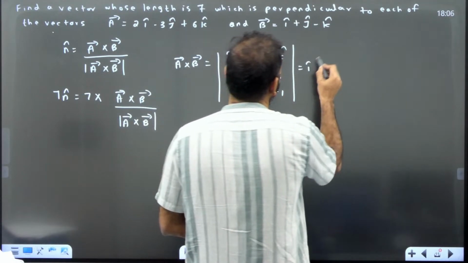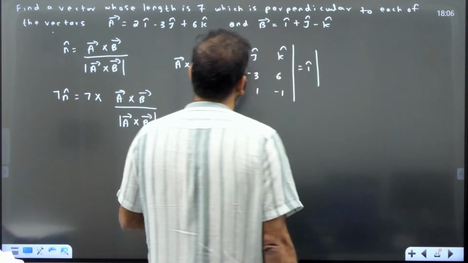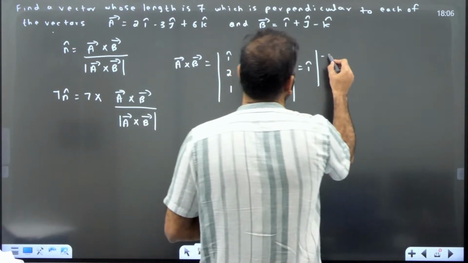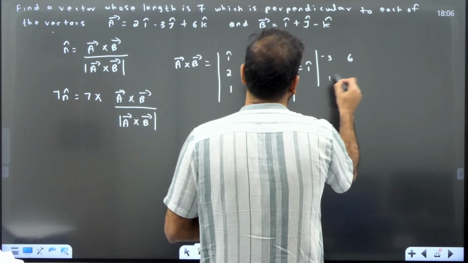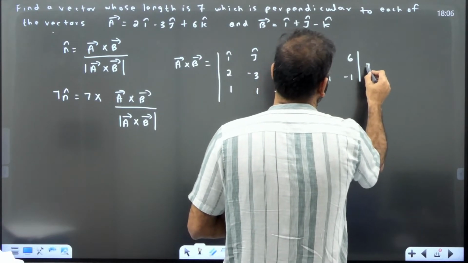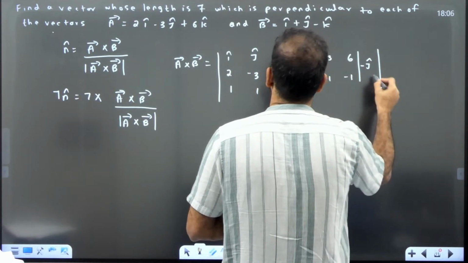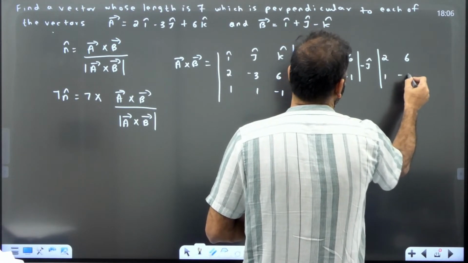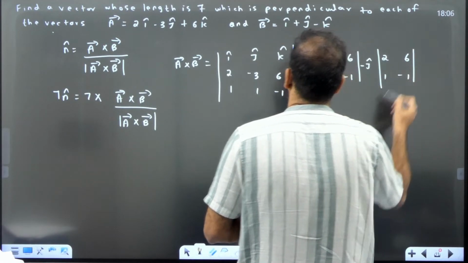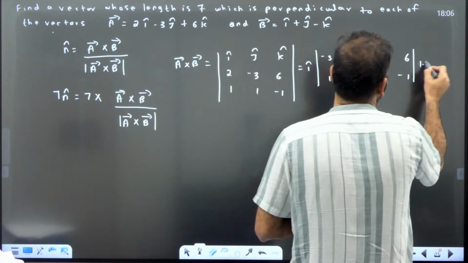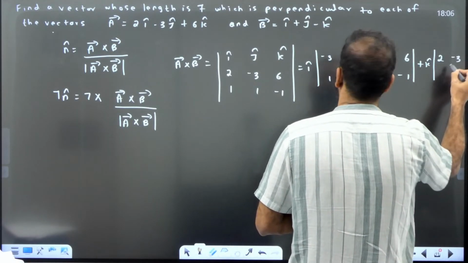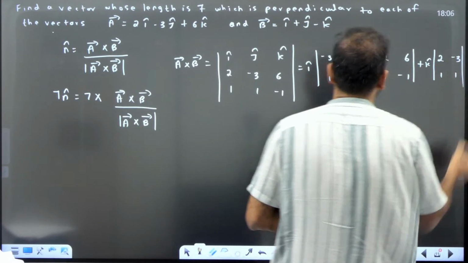That is equal to i cap into, just remove the row and column which contains i cap, so minus 3, 6, 1, minus 1, minus j cap into 2, 6, 1, minus 1, then plus k cap into 2, minus 3, 1, 1.